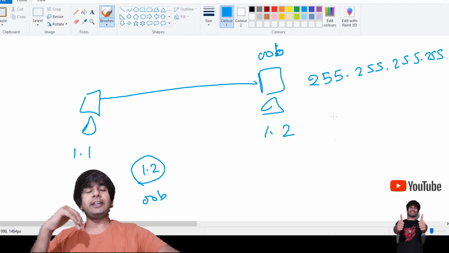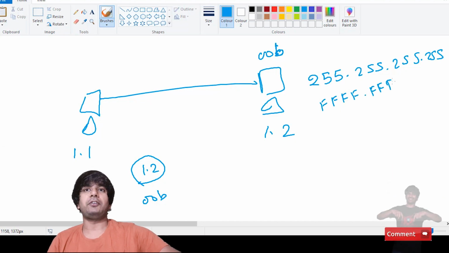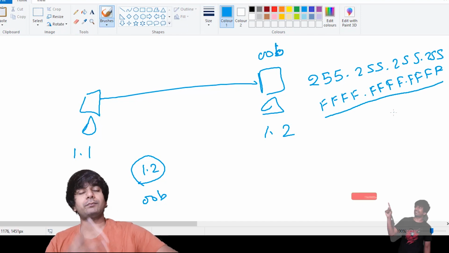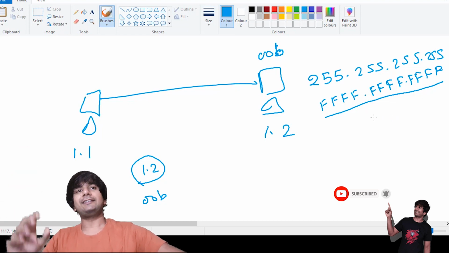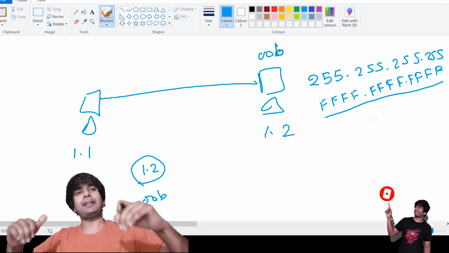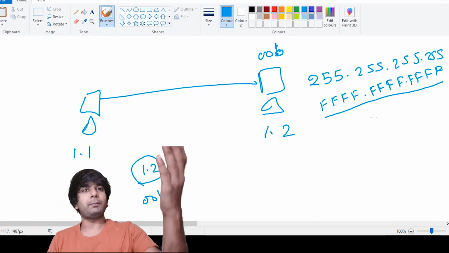So if it is a broadcast packet, the MAC address will be a broadcast MAC address, which, as everyone knows, is FF:FF:FF:FF:FF:FF. So guys, just like a unicast packet has a unicast IP and unicast MAC, a broadcast packet has a broadcast IP and broadcast MAC.